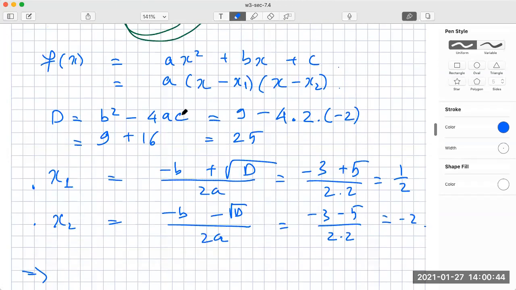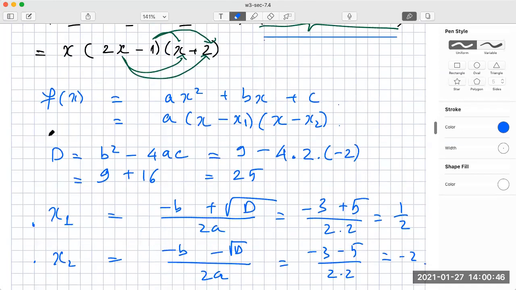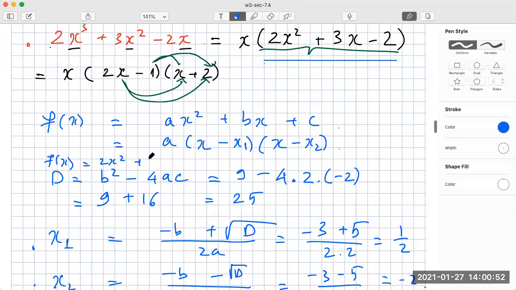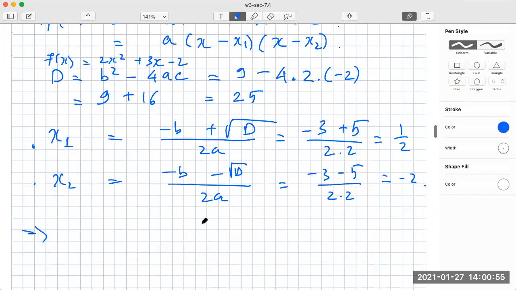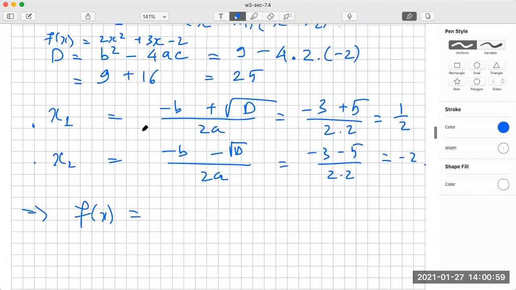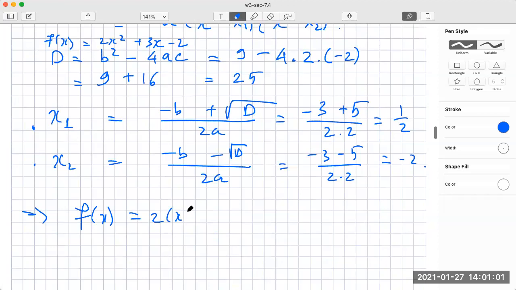Therefore, let us say f(x) is 2x squared plus 3x minus 2.